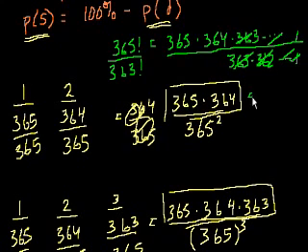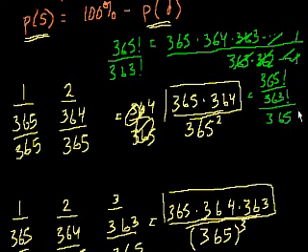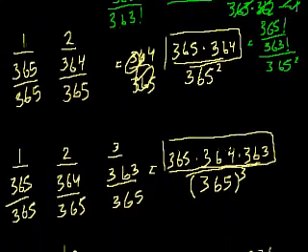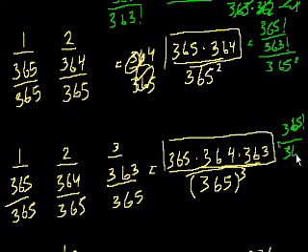So this is equal to 365 factorial over 363 factorial over 365 squared. For this case, it's almost silly to worry about the factorials, but it becomes useful once we have something larger than 2 terms up here. So by the same logic, this right here is going to be equal to 365 factorial over 362 factorial over 365 squared.